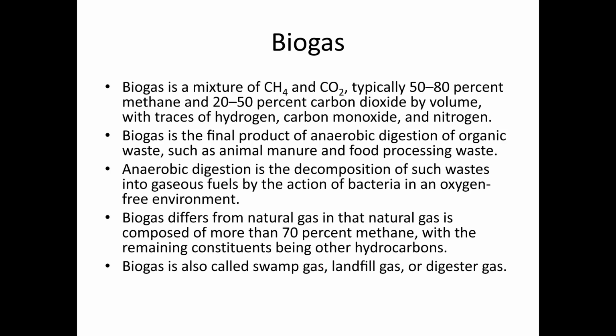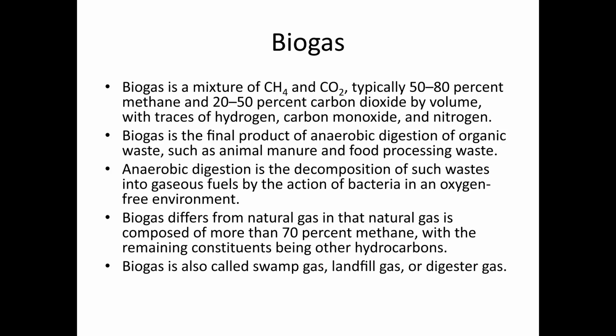Biogas is the final product of anaerobic digestion of organic waste, such as animal manure and food processing waste. Anaerobic digestion is decomposition of such wastes into gaseous fuels by the action of bacteria in an oxygen-free environment. Biogas differs from natural gas in that natural gas is composed of more than 70% methane, with the remaining constituents being other hydrocarbons.